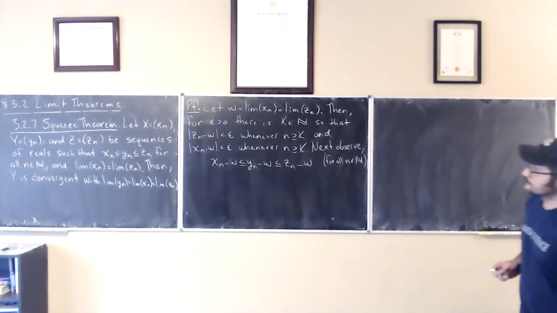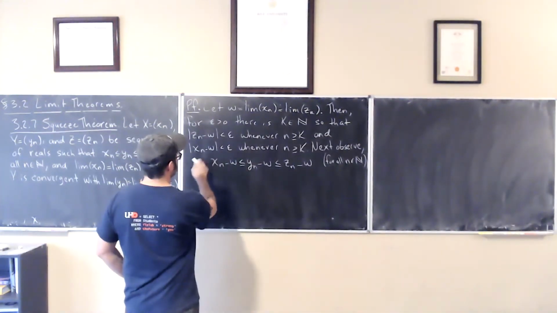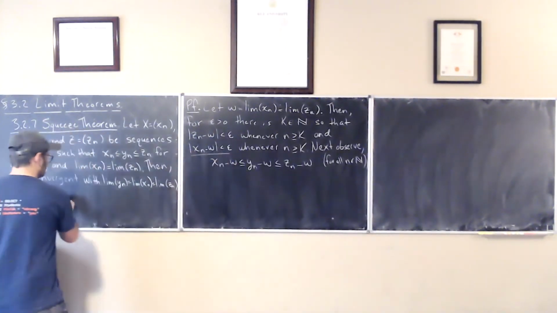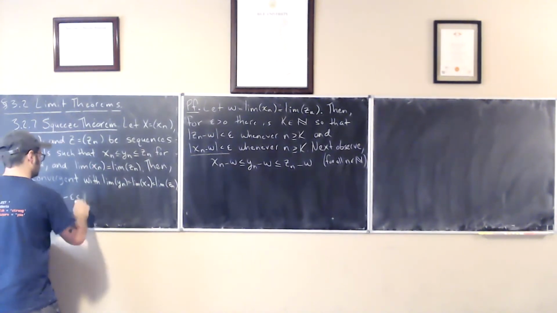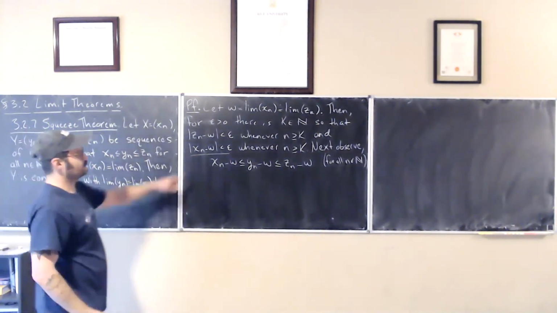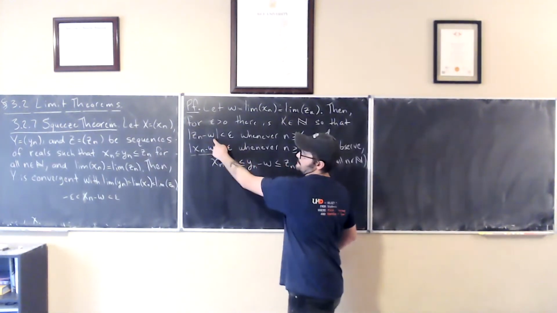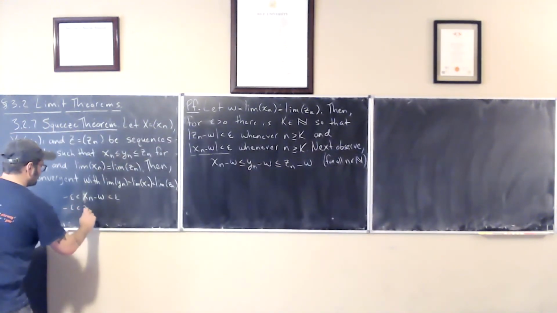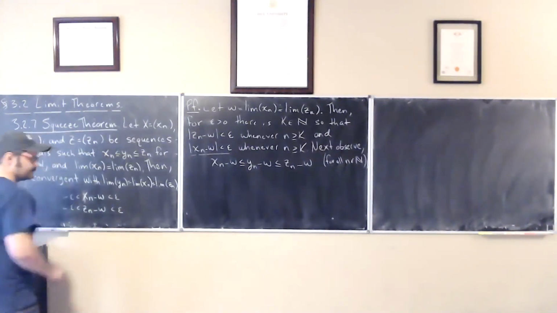Now, what do we know from here? We know that negative epsilon is at most xn minus w, which is at most epsilon. Now from this one, we know that negative epsilon is at most zn minus w, which is at most epsilon.